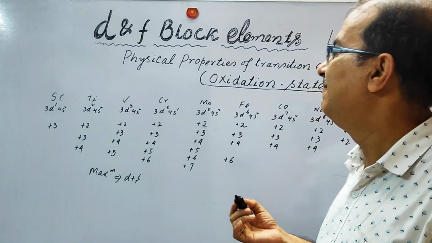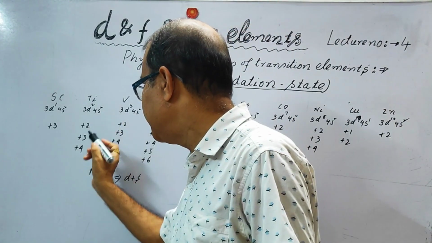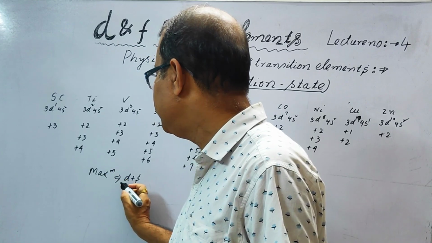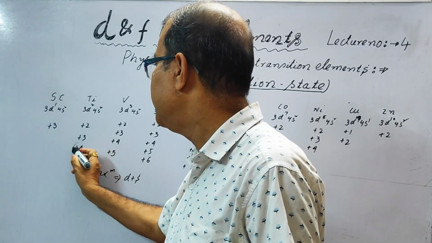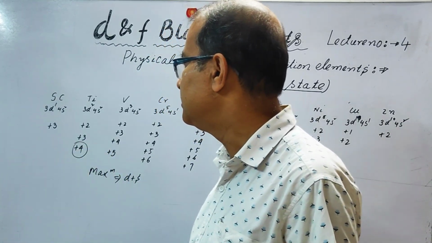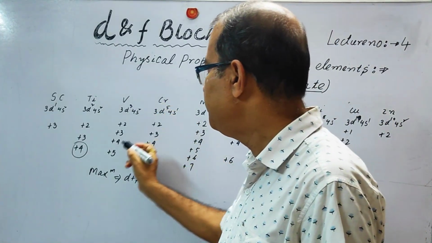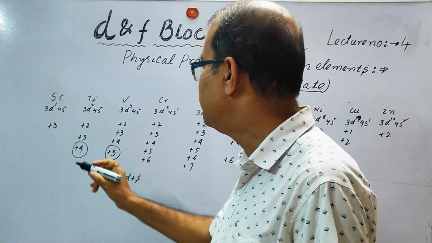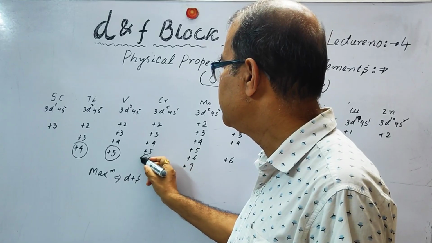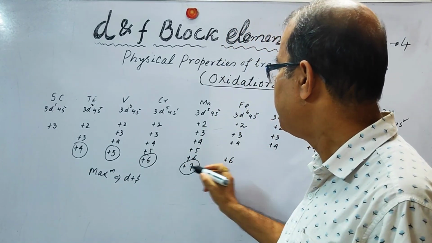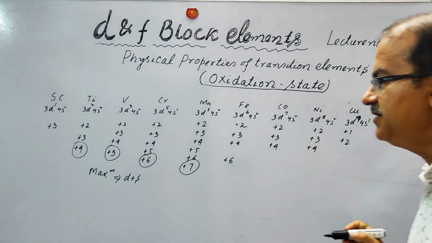For example, in titanium 4 electrons are available, d plus s, so the maximum oxidation state is 4. In vanadium the maximum is 5, chromium 6, and manganese 7. But afterwards you will not find this trend.